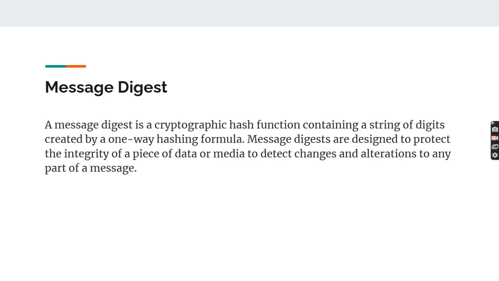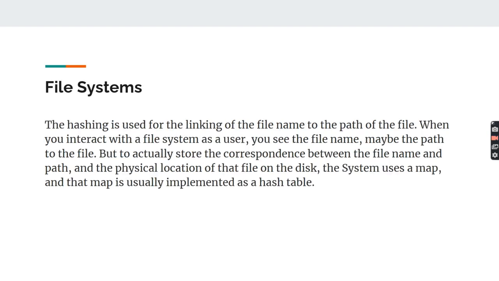Moving on, file systems. In file systems, the hashing function is used for linking the file name to the path of the file. Whenever we interact with the file system as a user, we can see the file name or the path to the file.